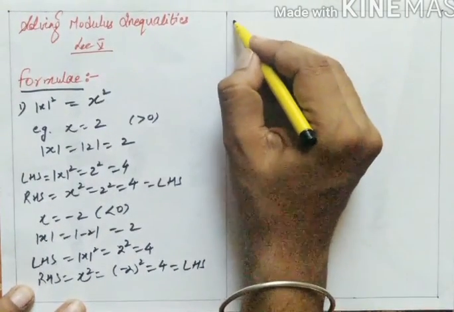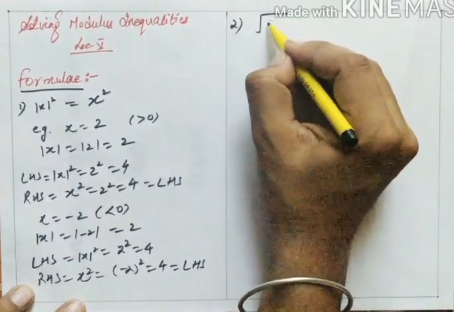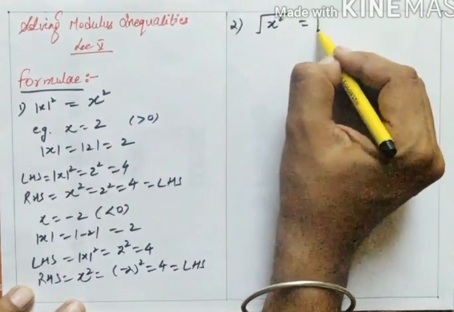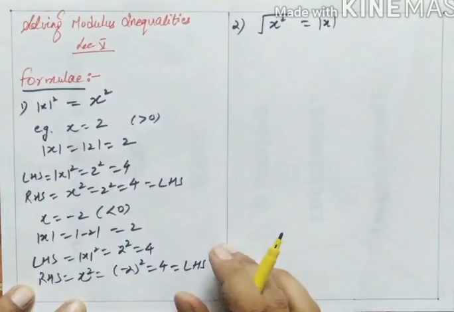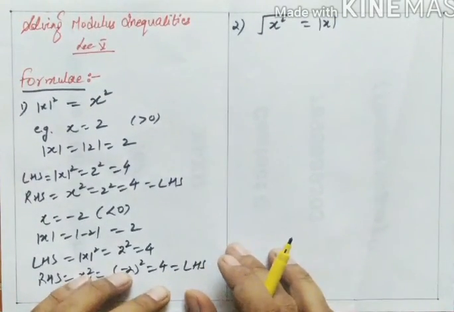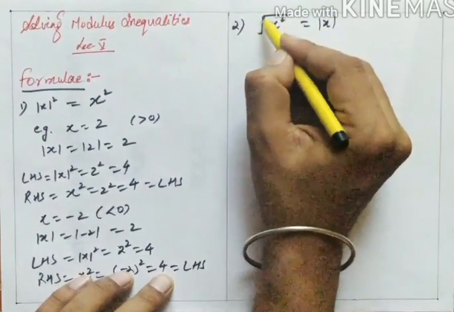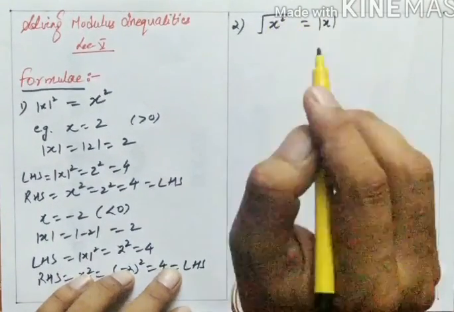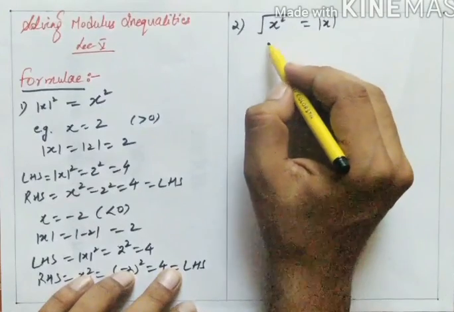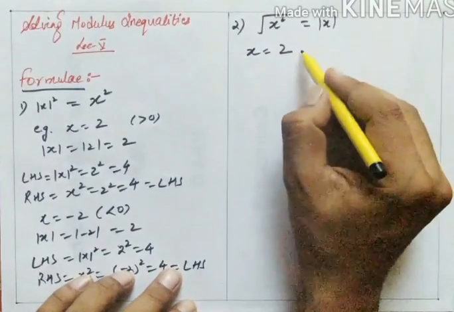Let's see the other property. Second one, it is root of x square is equal to mod of x. Square root function also has a similar property to modulus, that it always emits out positive numbers. For example, let me put x as 2 as in the previous case.